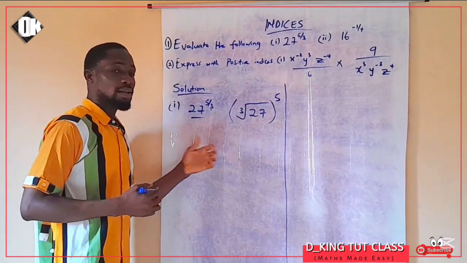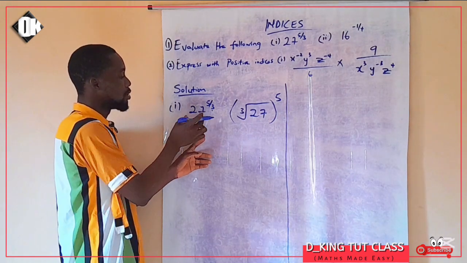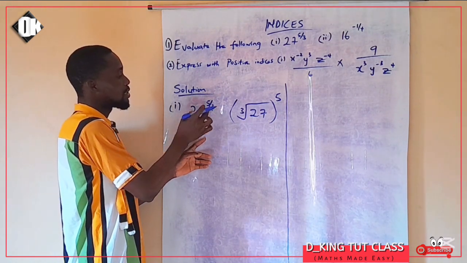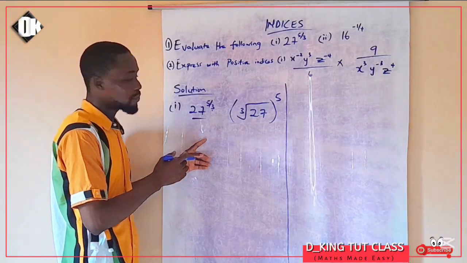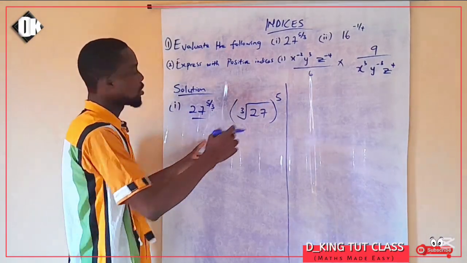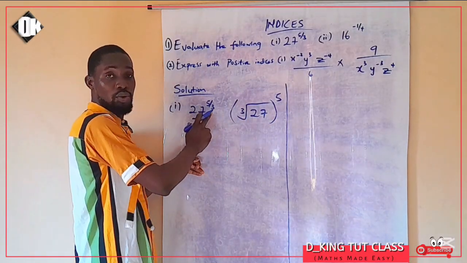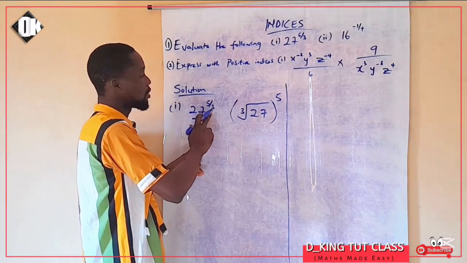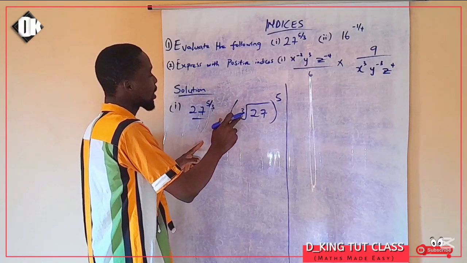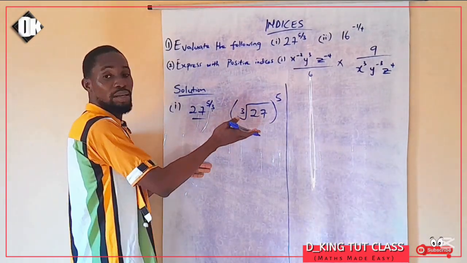Again, if you are given a question where the base is carrying a fraction as its power, what you have to first do is introduce your root, put the base within the root, the denominator of the power you put at the back, and the numerator you put as the power.